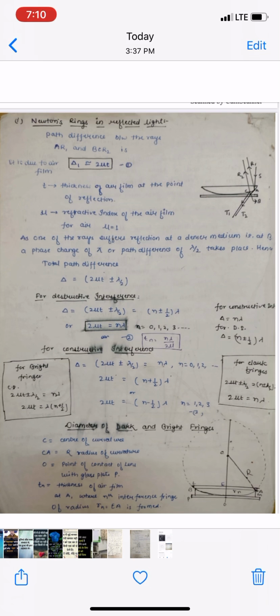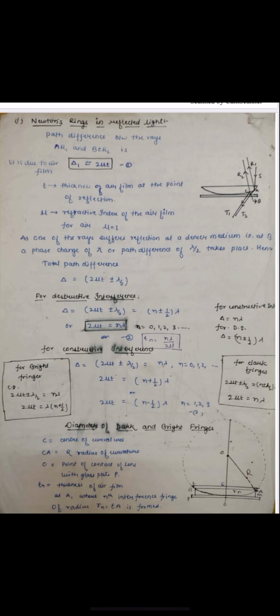So you have to remember this formula, that the path difference between the rays AR1 and BCR2 is equal to 2 mu t. t is the thickness of the air film at the point of reflection, and mu is the refractive index of the air film. For air, mu is equal to 1. You know the refractive index of air is 1.